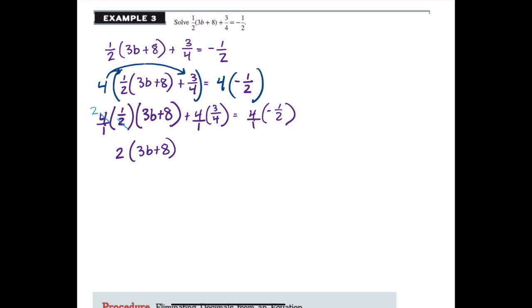Here, we essentially have 4/4, so that cancels. So we'll be just left with that 3. And then over here, we have the same, 2 goes into 4 2 times. In this case, we have this negative, so don't want to forget about that. This will reduce to a negative 2.